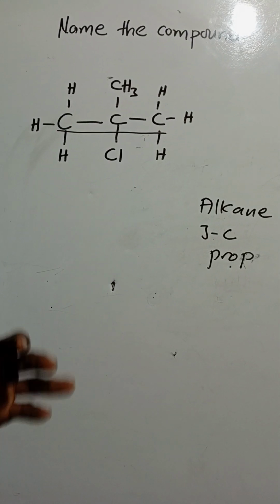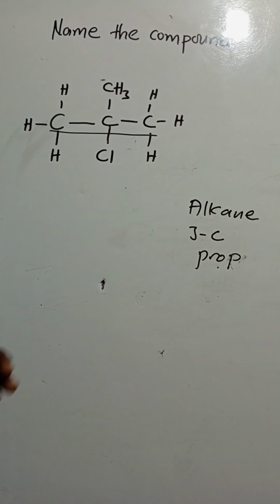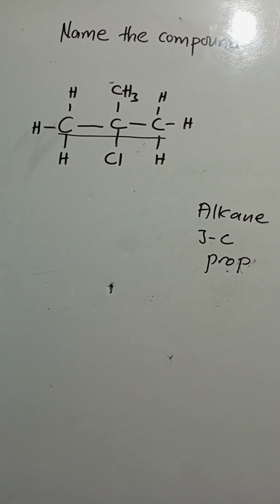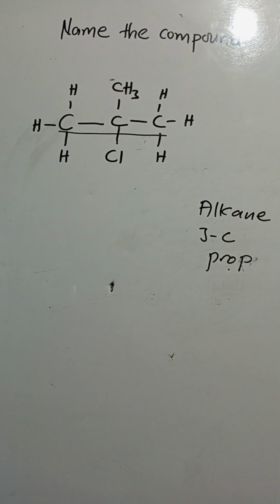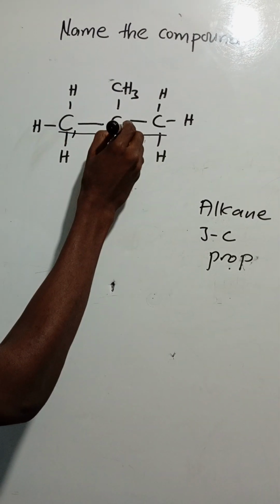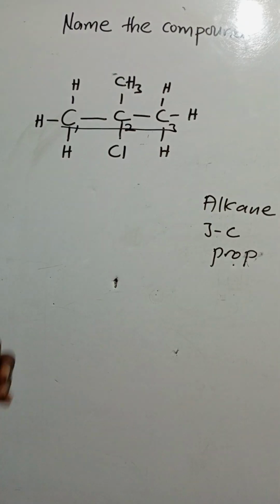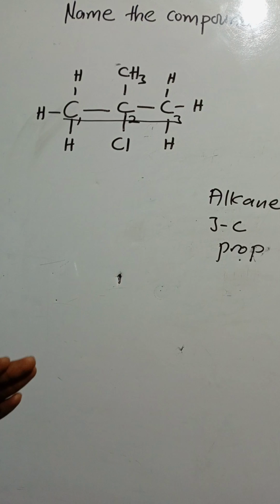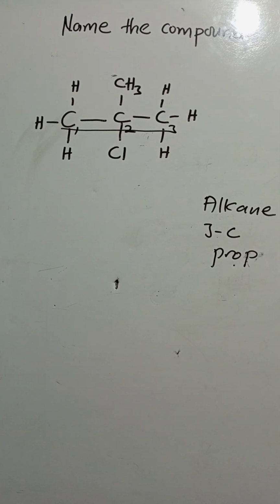But in this case, anywhere you start to label or number this parent chain, it will give you the same name. So it starts here 1, 2, 3. Under carbon number 2, there are substituents.